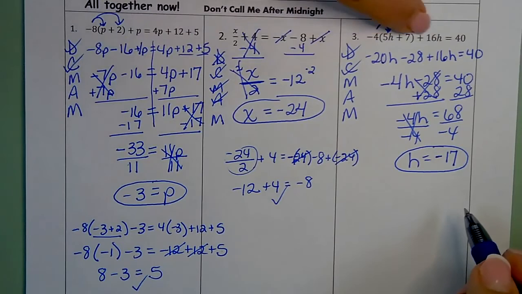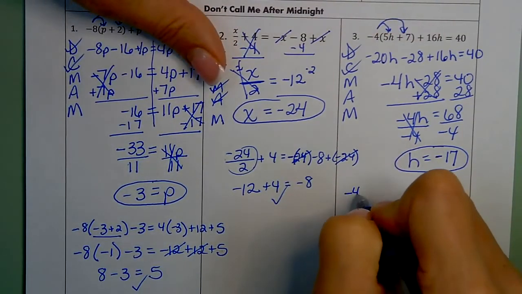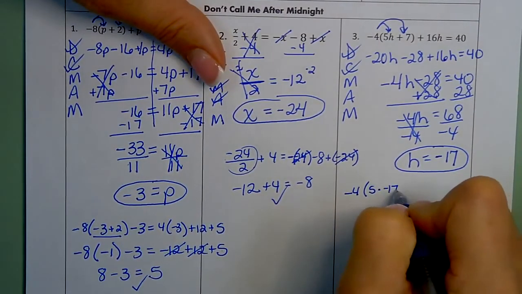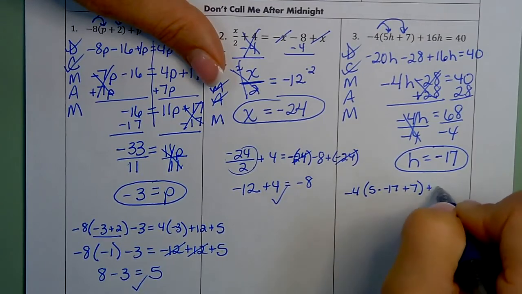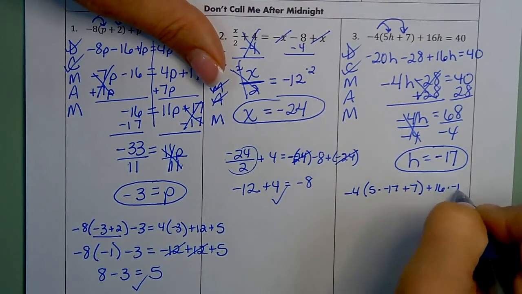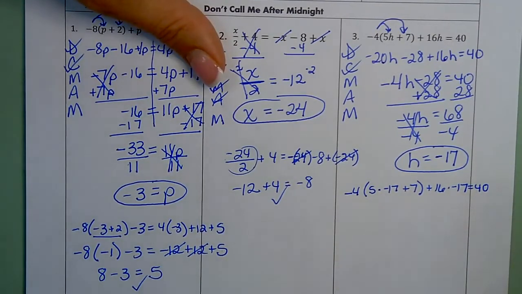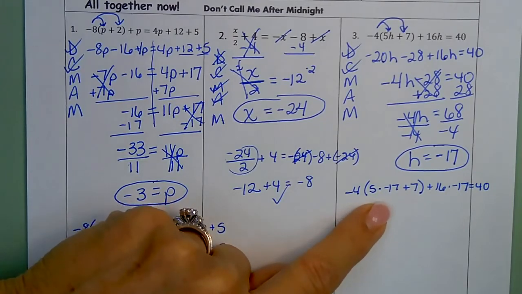I'm going to plug it in wherever there's an h up here. -4 times (5 times -17 plus 7) plus 16 times -17 equals 40. All right, so let's take care of what's in parentheses.